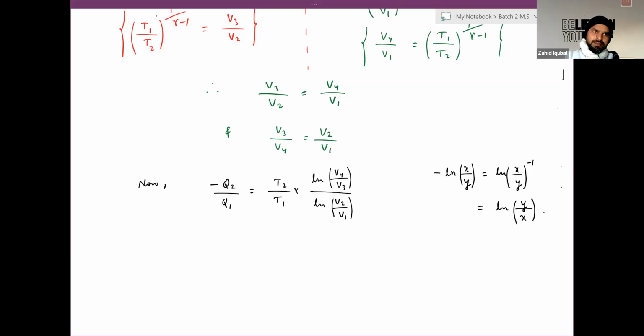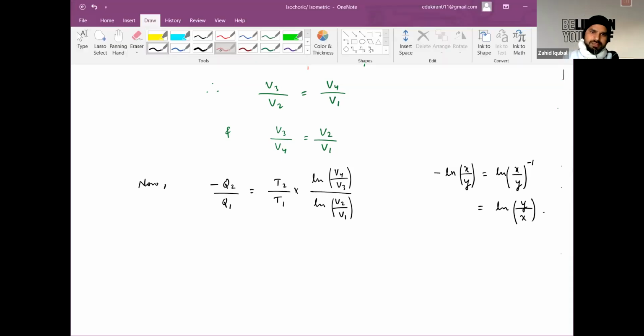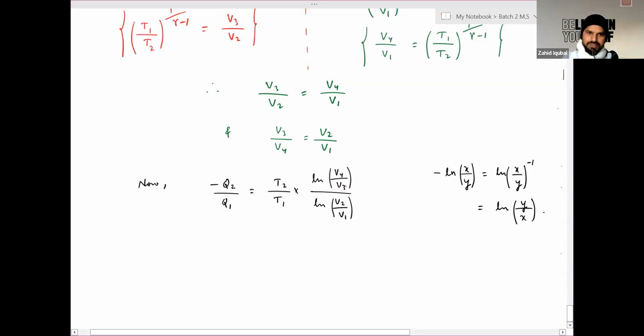Similarly, we may write this ln V4 divided by V3 as minus of T2 ln V3 divided by V4, whole divided by T1 ln, and in place of V2 divided by V1, we may write, using this, V3 divided by V4. Samira, is it clear?